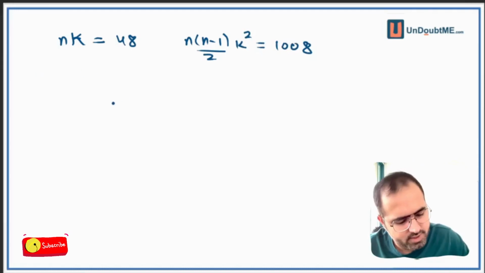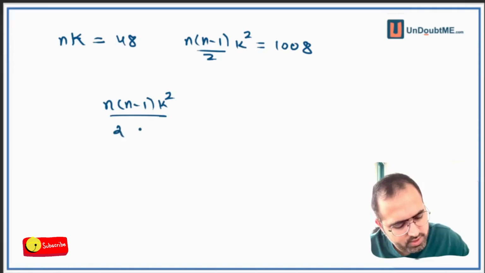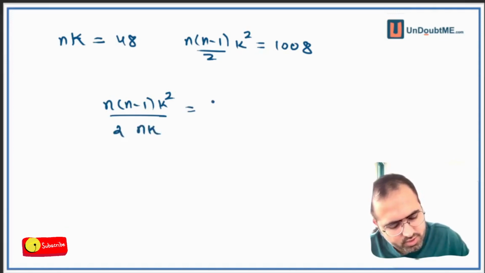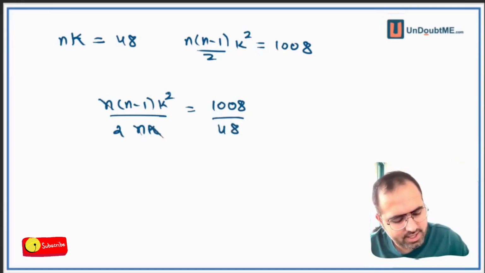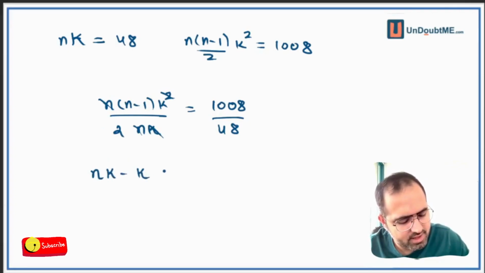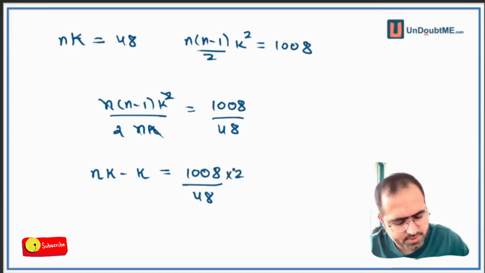On dividing them, it will give me (n minus 1) k square over 2 times nk, and on the other side I have 1008 by 48. N and k will get cancelled, and we get another equation over here. When I multiply k inside the bracket, I get nk minus k, and 2 goes to the other side, so it will be 1008 over 48 times 2.